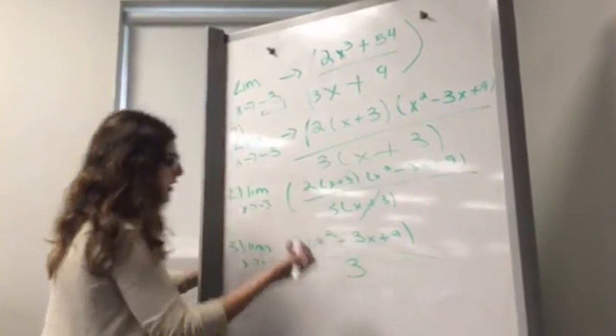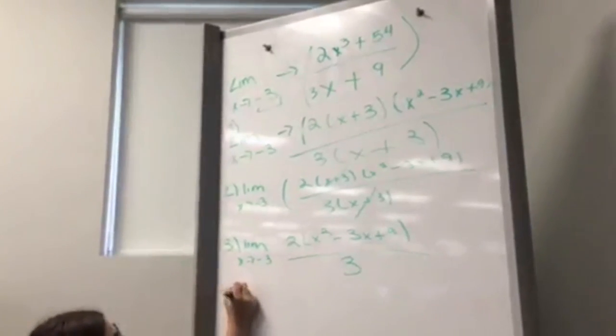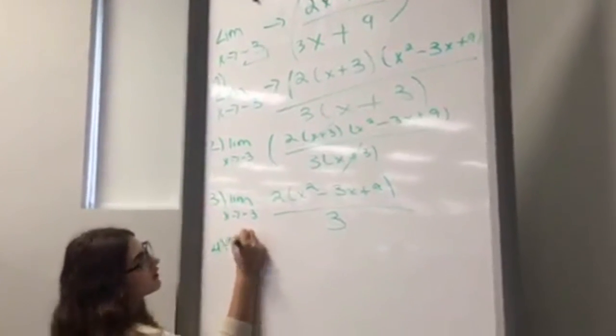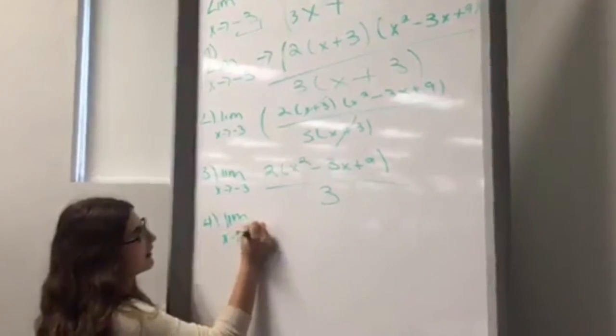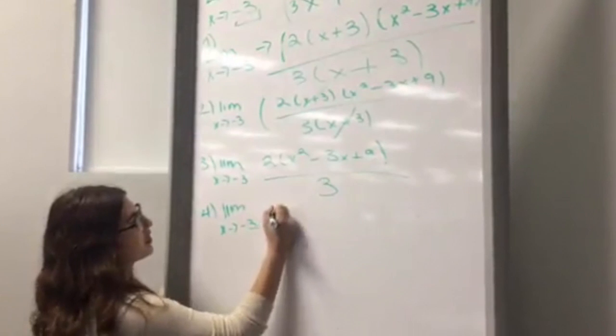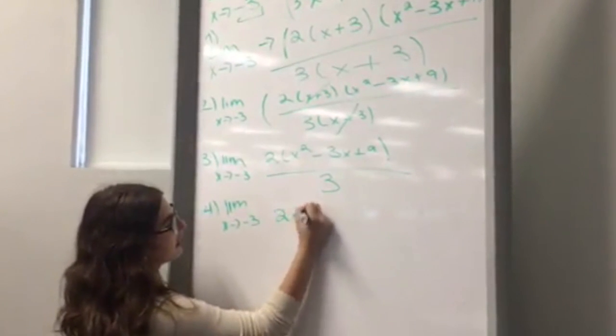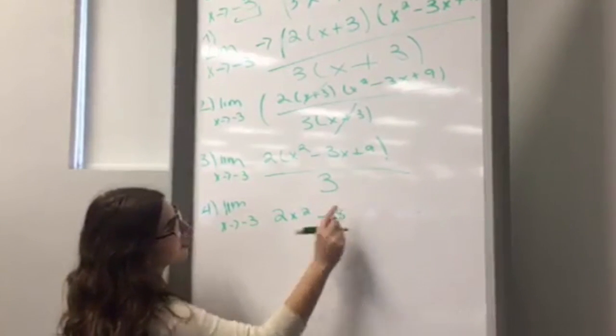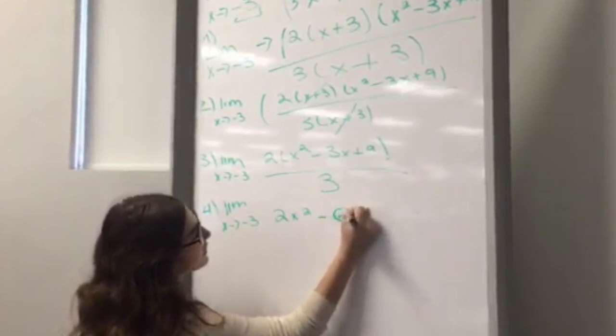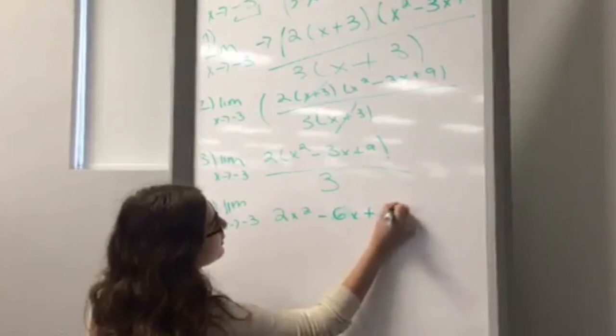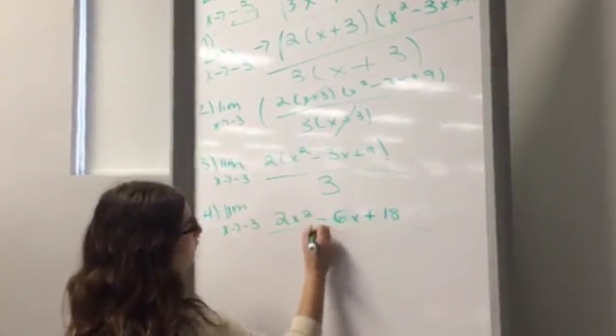Over 3. The next step is multiply this, x plus 18 over 3.